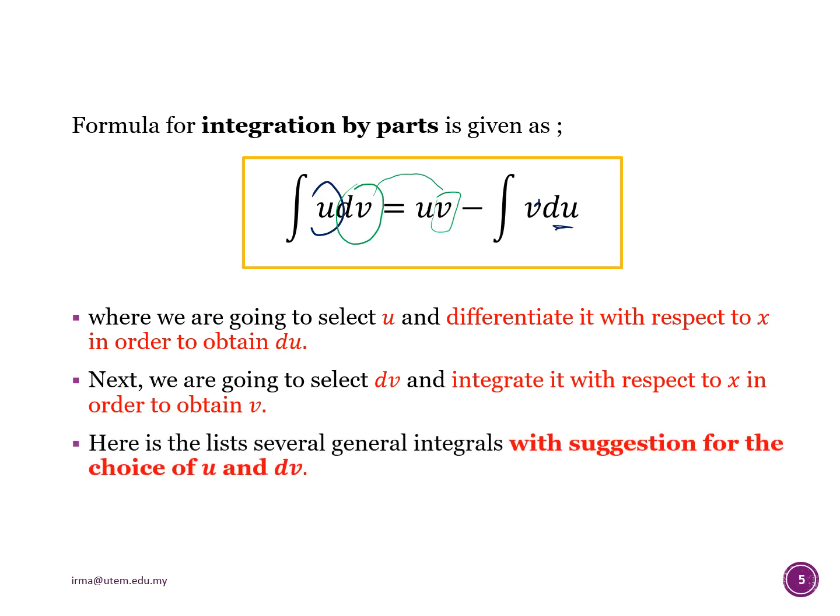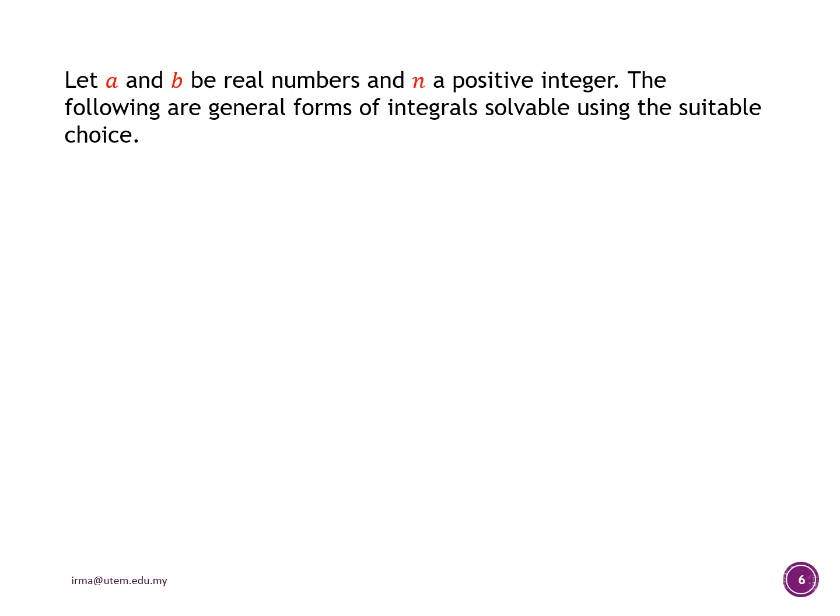So how to choose u and dv? I give a suggestion for the choice. Let a and b be real numbers and n a positive integer. The following are general forms of integrals solvable using a suitable choice. For example, the first one is x to the power of n ln x as a function that you need to integrate.